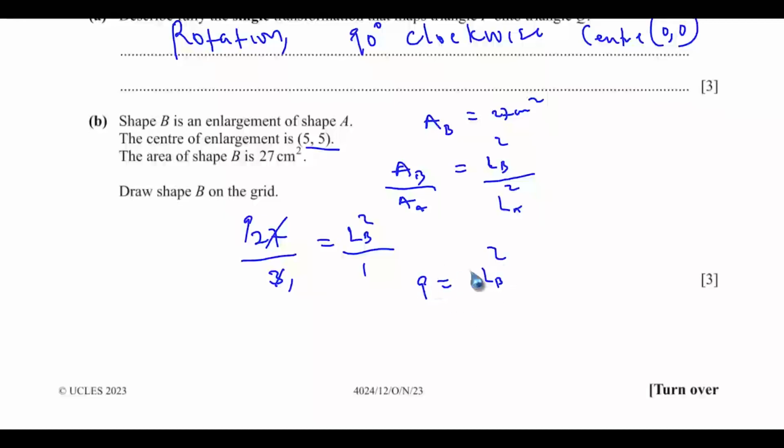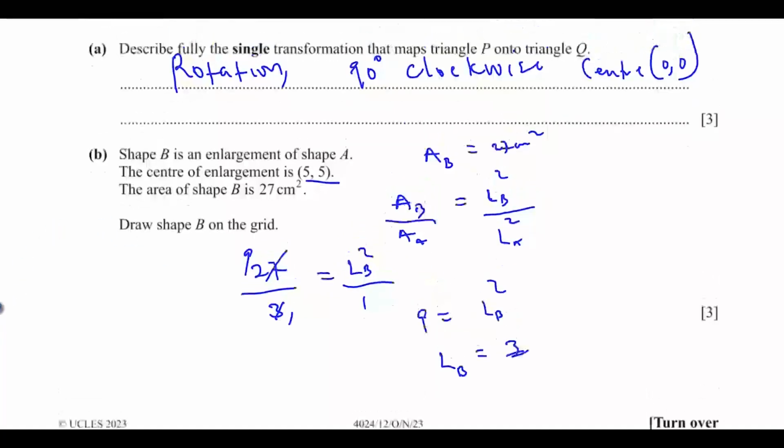If you take the square root of both sides, the length of B will be equal to 3. So that means the scale factor is 3 to 1. When you multiply shape A by 3, you get the corresponding side of shape B. So that is the meaning of this.